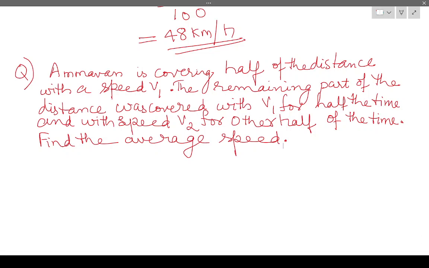The remaining part of the distance was covered with a speed v1 for half of the time and with a speed v2 for the other half of the time. Find the average speed.